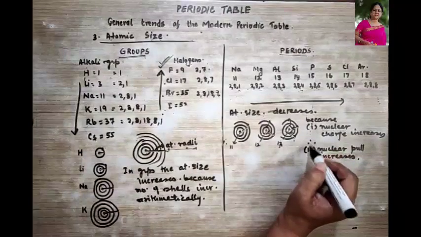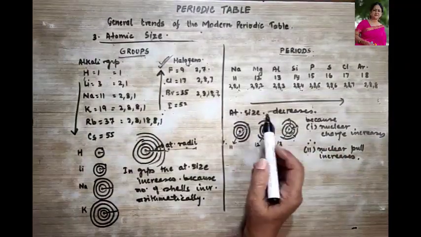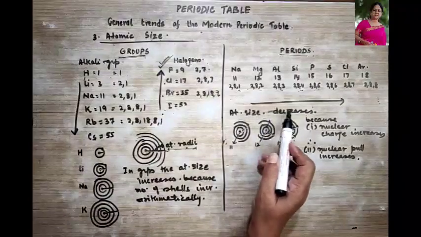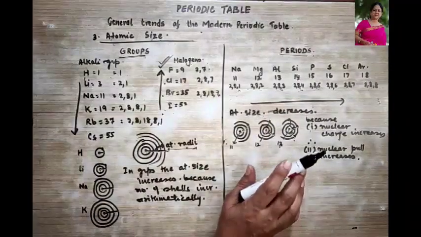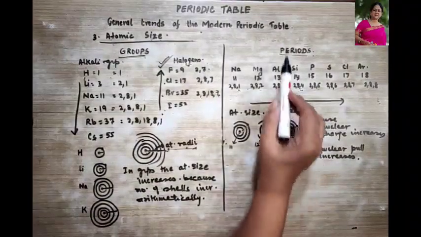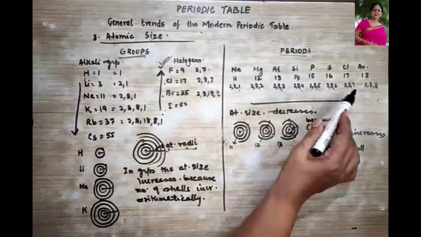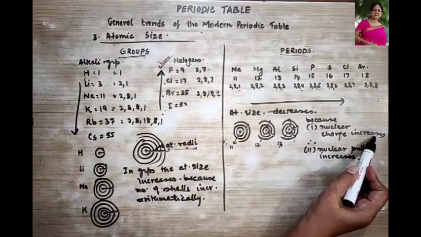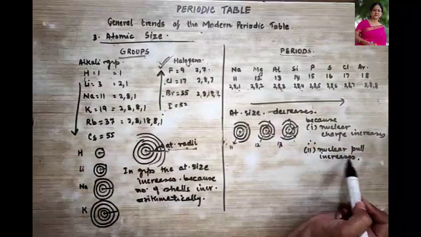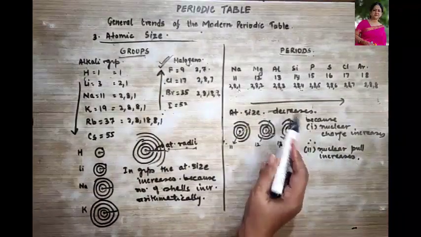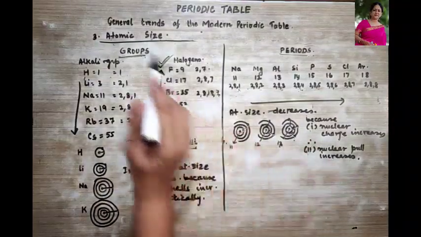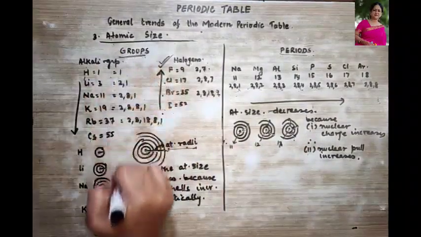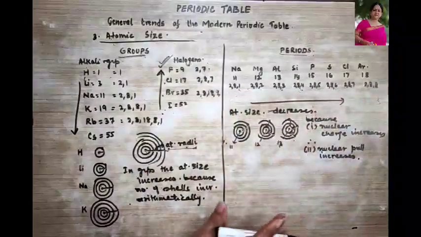So these 2 points are a must to be written to give the explanation why atomic size decreases. I hope that's very clear. So in period, since the number of shell remains the same, nuclear charge increases and nuclear pull increases, hence atomic size decreases. This was about atomic size in the group and in a period.